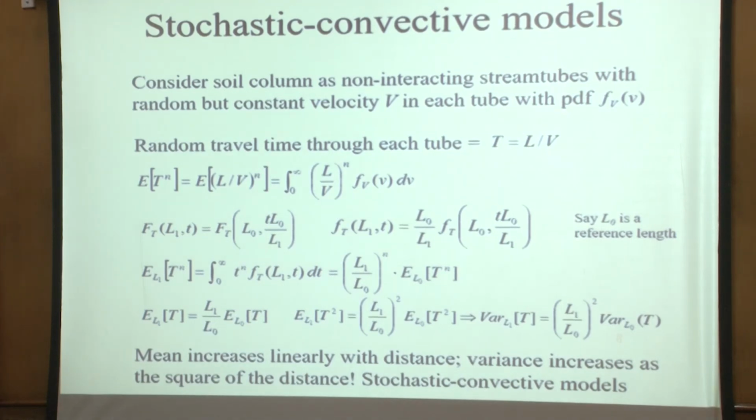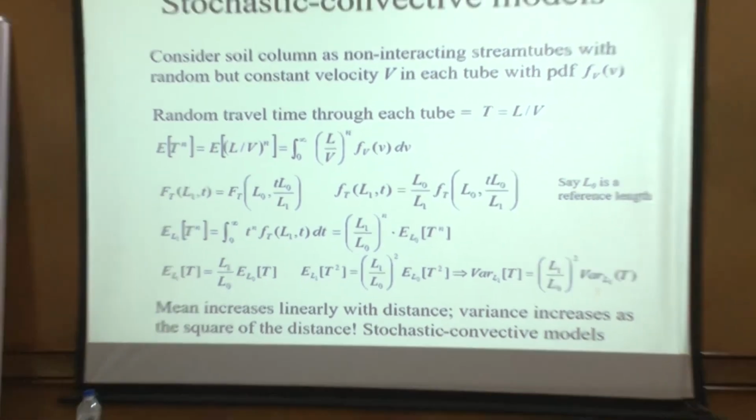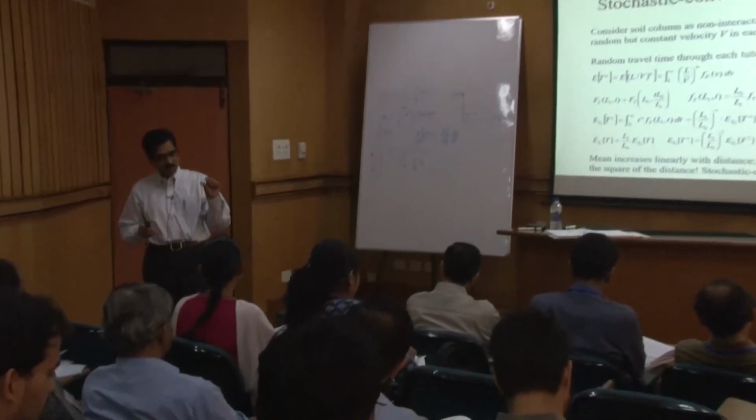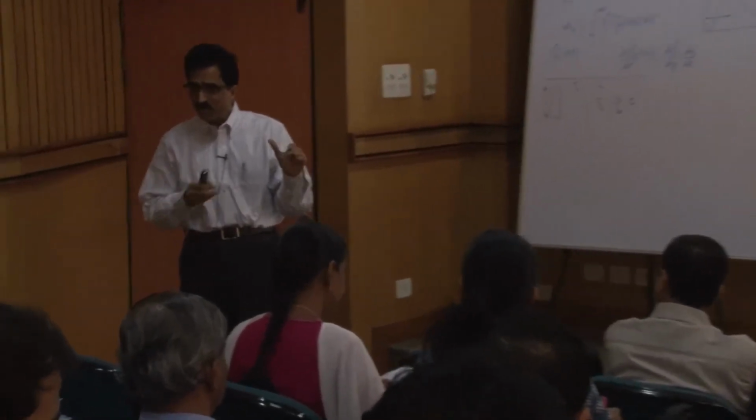So let me try and explain it. At least I'll hand wave so that you have some idea. In the advection dispersion equation, when we do this, we assume Fick's law. Fick's law, what it does is, if concentration is higher next to a location where concentration is lower, it's going to have flux trying to move from the higher to lower to sort of bring them together, right? So it keeps making that adjustment. That is how it's designed. But when I have individual particles, these particles are not interacting.